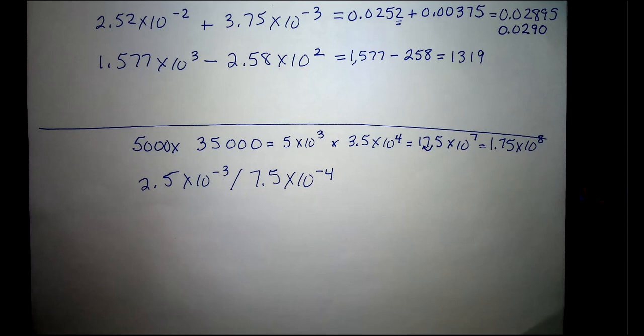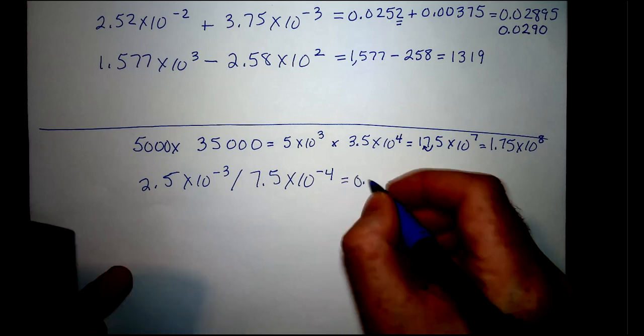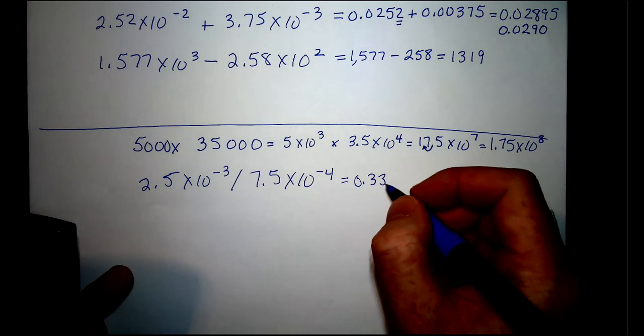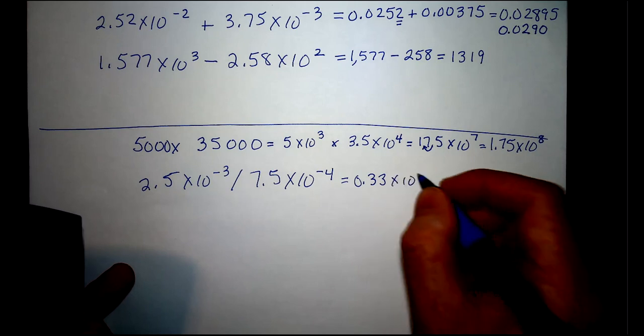Looking at division, you're going to divide the numbers and then subtract the exponents. So 2.5 divided by 7.5, you would get 0.33, and that's a repeating decimal. We'll just go to 2 places, times 10. Now we're going to subtract those exponents.